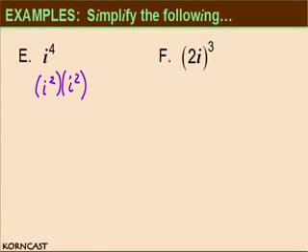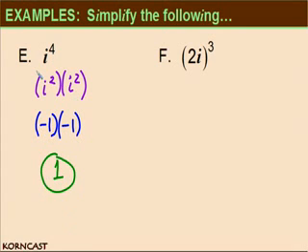And now, because of the definition of imaginary numbers, I know i squared is equal to negative 1. My i squared is equal to negative 1. And now, finally, I can just multiply. So negative 1 times negative 1 is 1. So, i to the fourth simplifies to 1. And I think this result is pretty interesting.